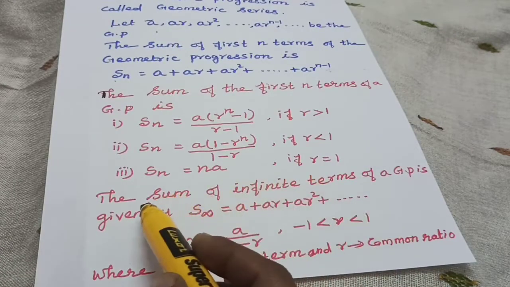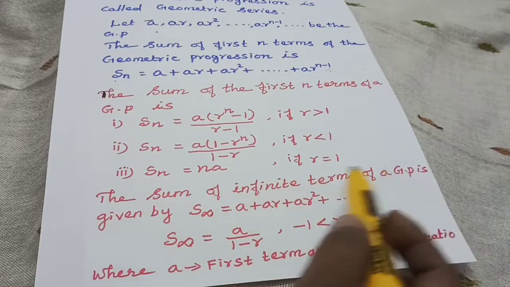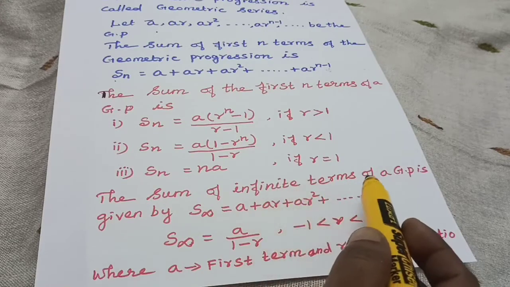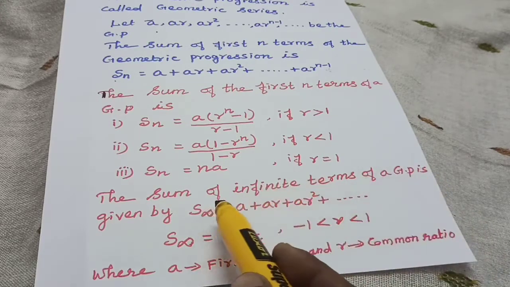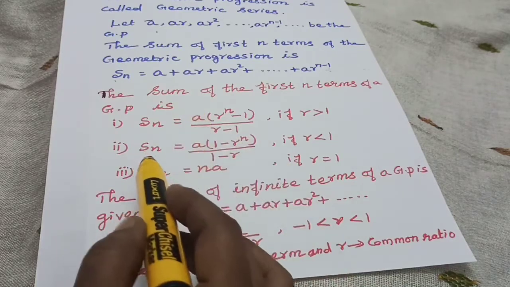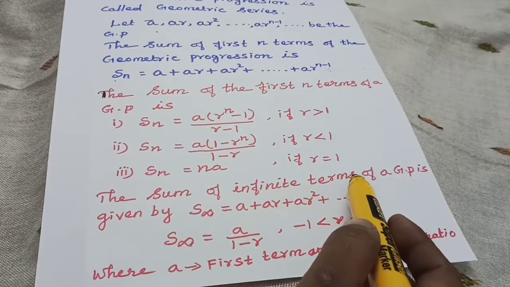Then next one, the sum of the infinite terms of GP. One more formula is there. The sum of the infinite terms of a GP, that is S infinity. N terms means Sn, like that here infinite terms.